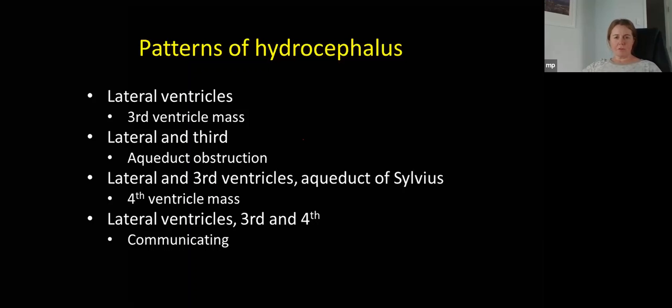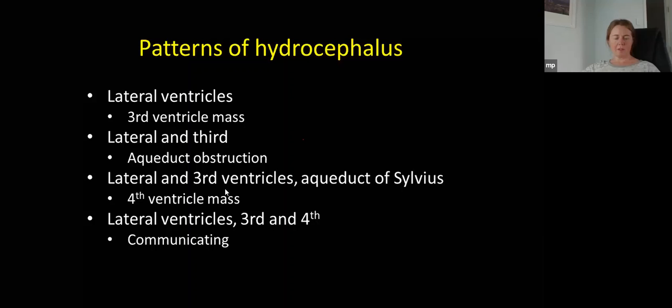In terms of imaging interpretation of hydrocephalus, I think it's really important to start by looking for patterns. So if you have lateral ventricles which are enlarged, you'll assume a third ventricular mass or a foramen of Monro mass, so anterior third ventricle. If you have something obstructing an aqueduct, you'll have enlargement of the lateral ventricles and the third ventricle.